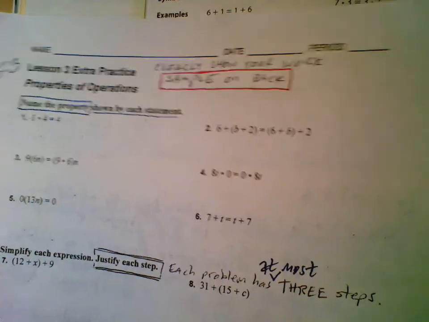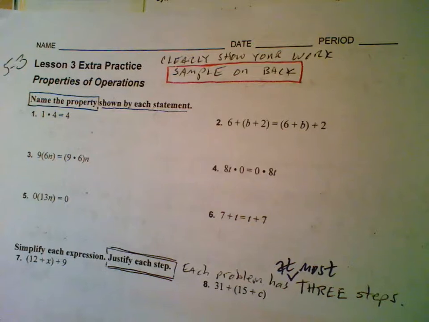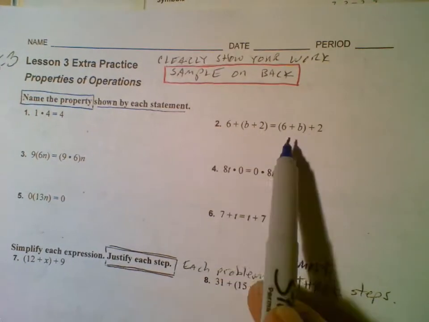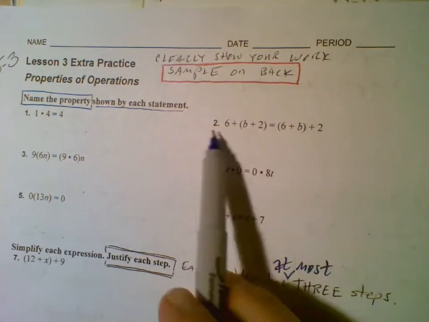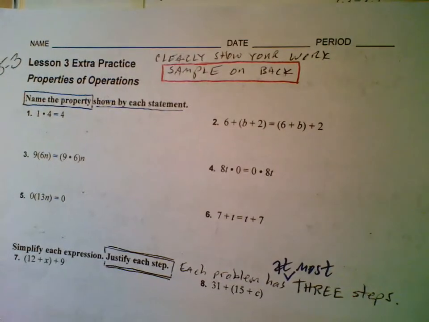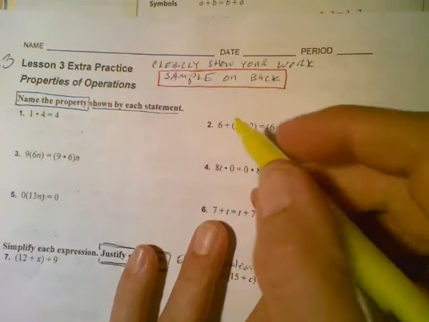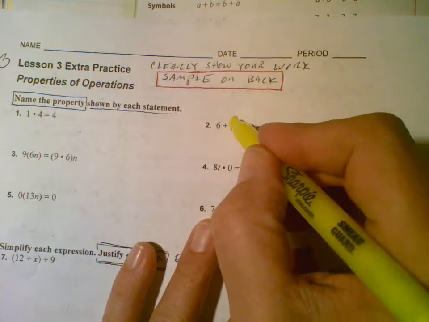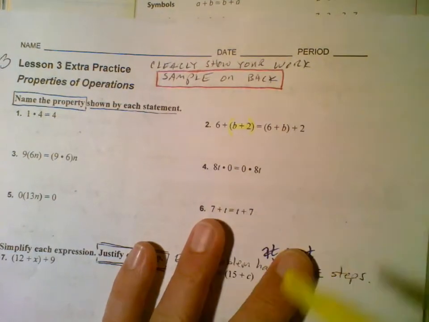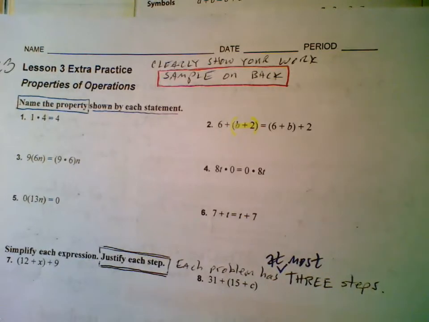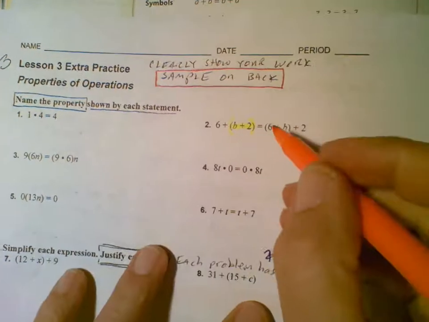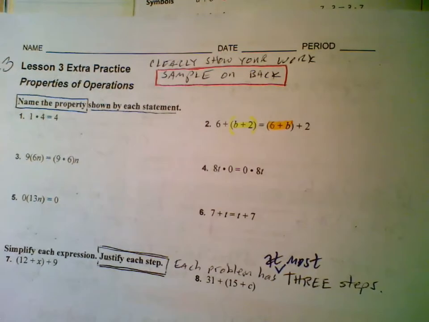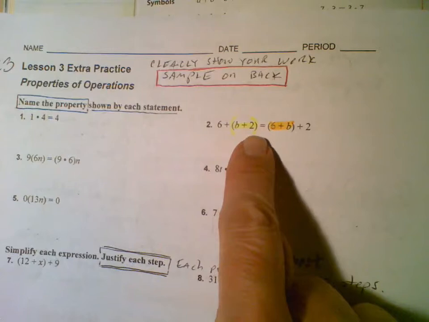In this first problem, what I need to do is compare the left side of the equal sign with the right side. The only thing that seems to be different is that on the left side, two items are hanging out together, whereas on the right side, these two are. The order is still the same, 6, B, and 2, and everything's being added.